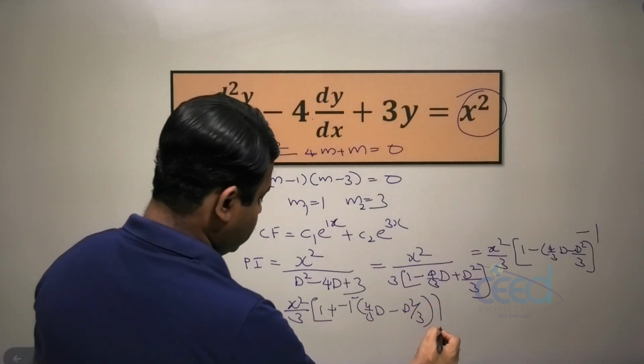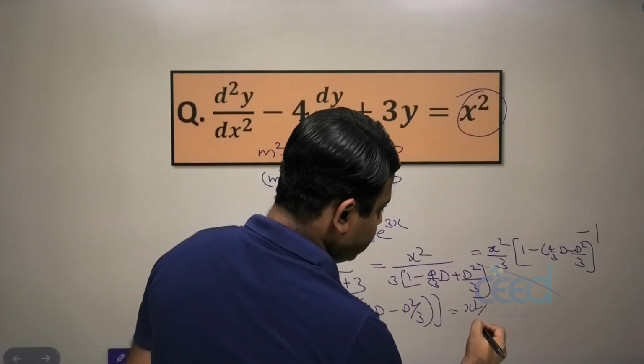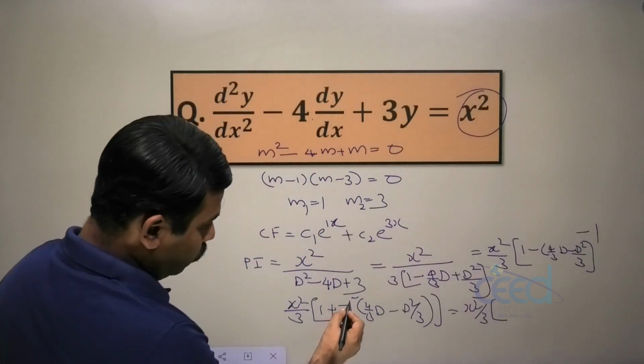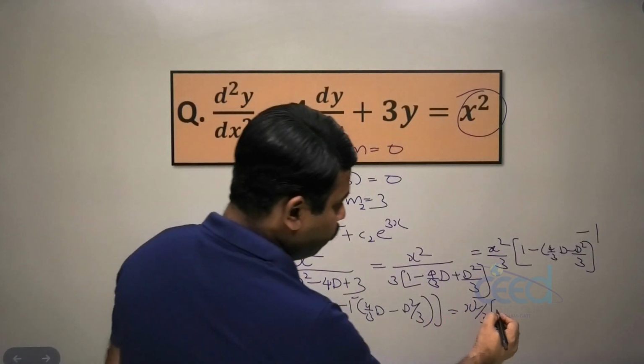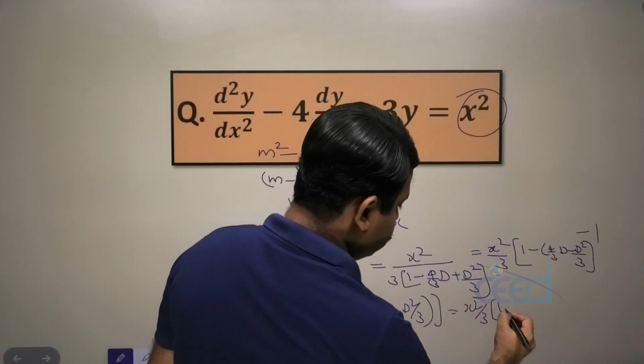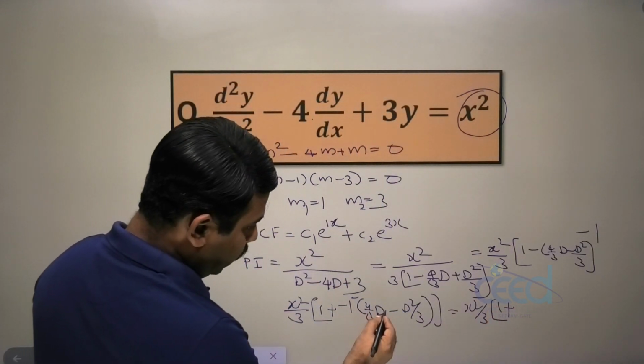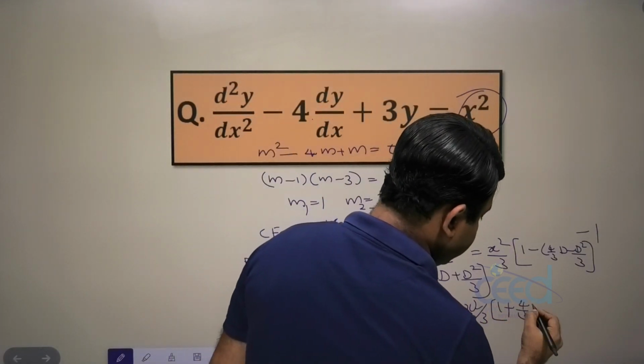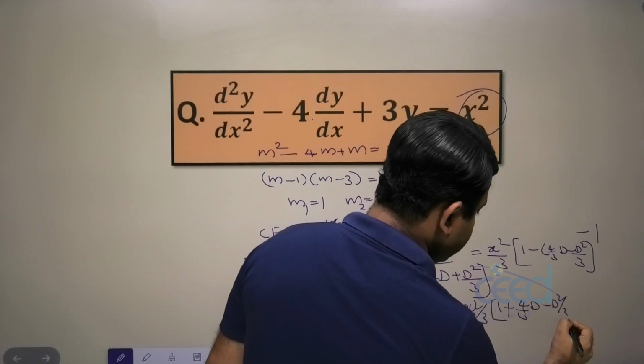Then this is x square by 3 into, minus minus plus, 1 plus 4 by 3 d minus d square by 3.